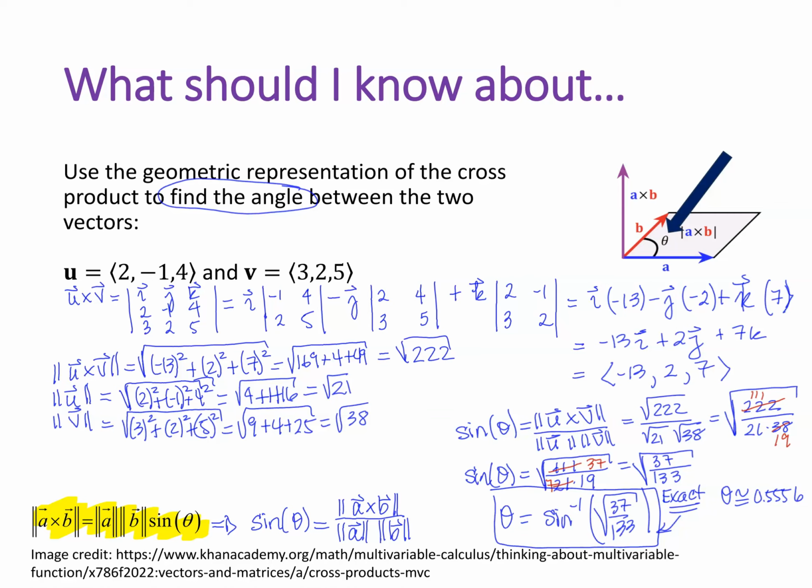And so we keep exact values as long as we possibly can. Now, I want to make one more observation about this cross product and its geometric representation.